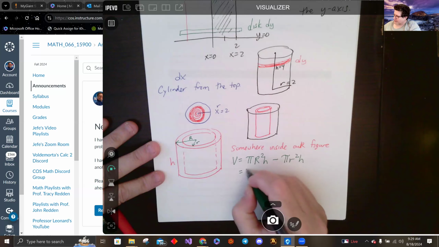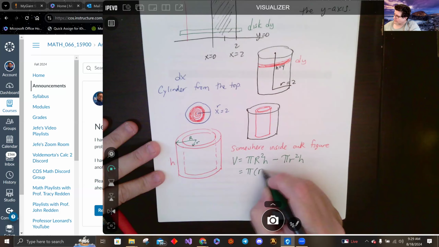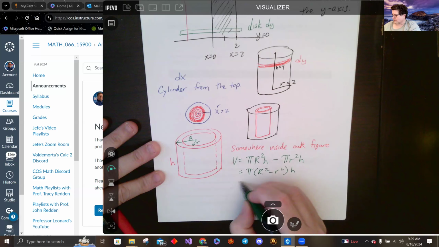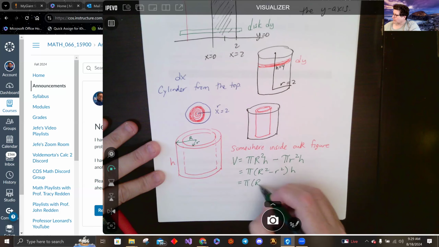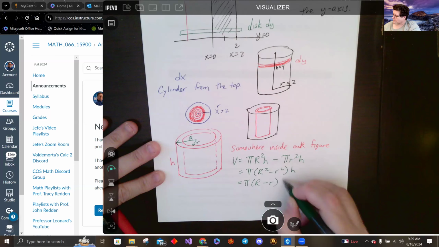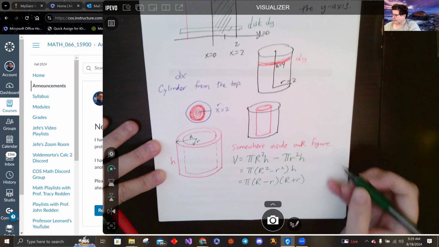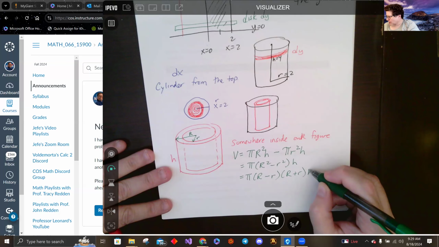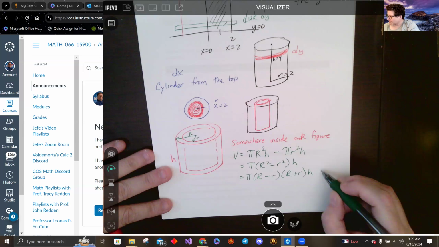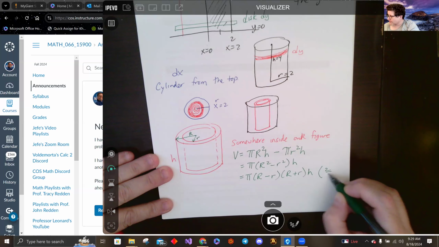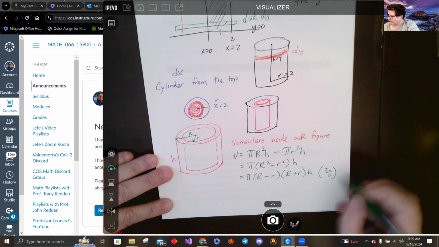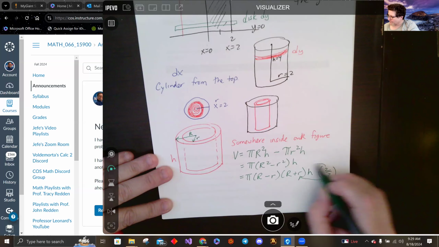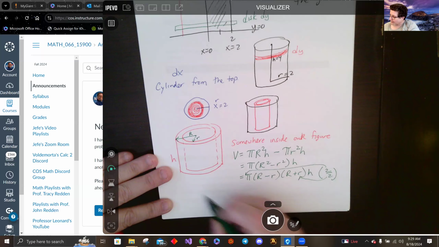Well, we could do some manipulation here. And we do one more thing that helps clear it out a little bit. I'm going to multiply this by 2 over 2. I'm going to move the 2 in the denominator inside this one, and I'm going to move the 2 out front.